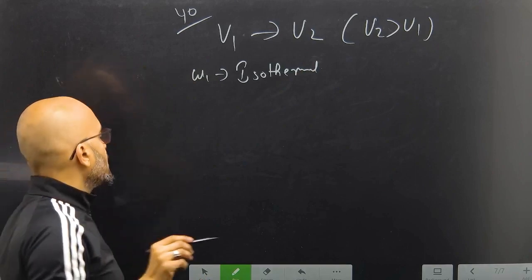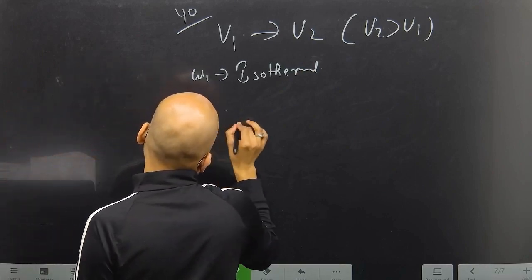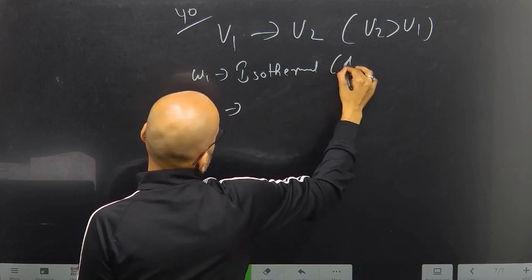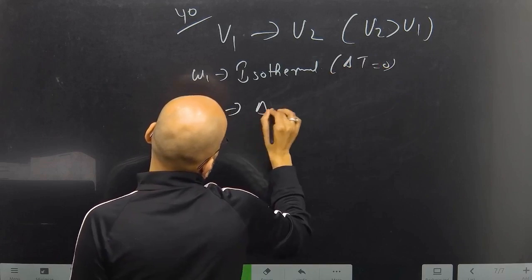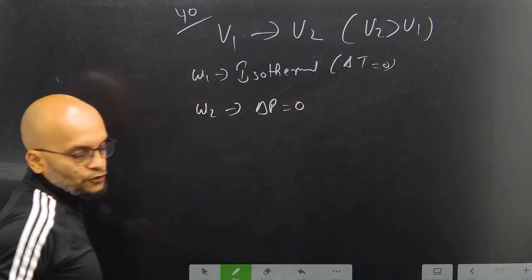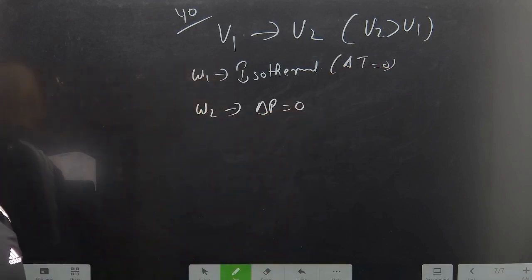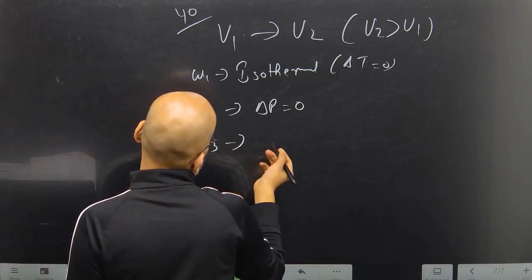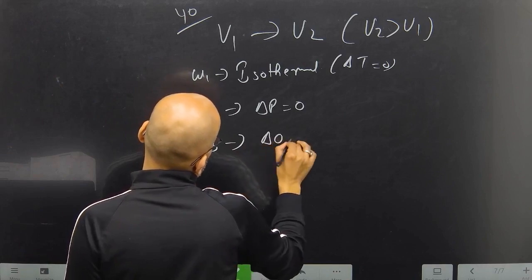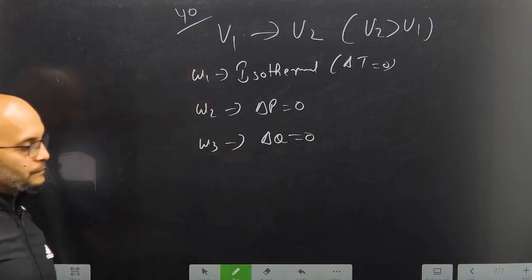W2 is purely isobaric. Here delta T is equal to 0, and here delta P is equal to 0, isobaric process. And W3 is purely adiabatic process, that means delta Q is equal to 0.